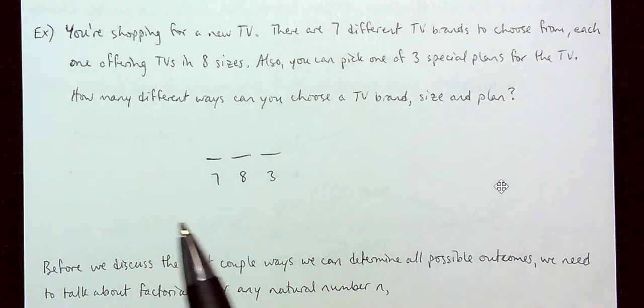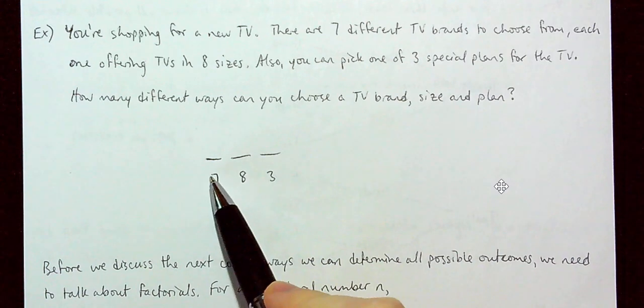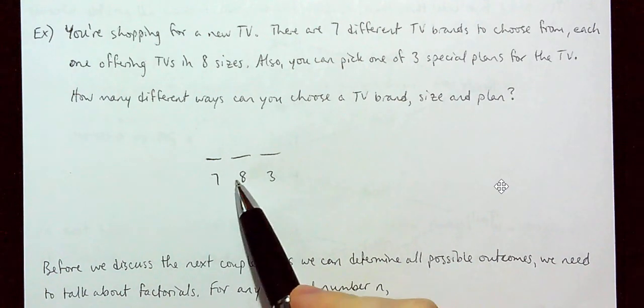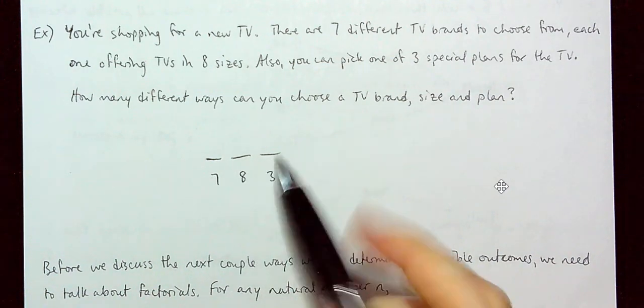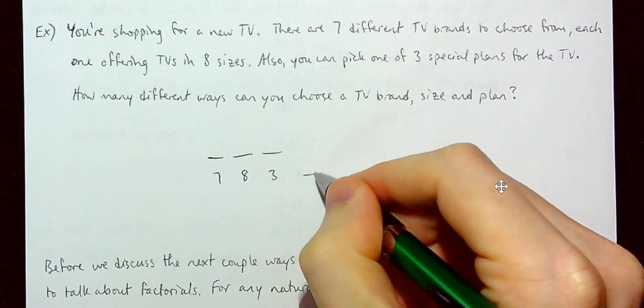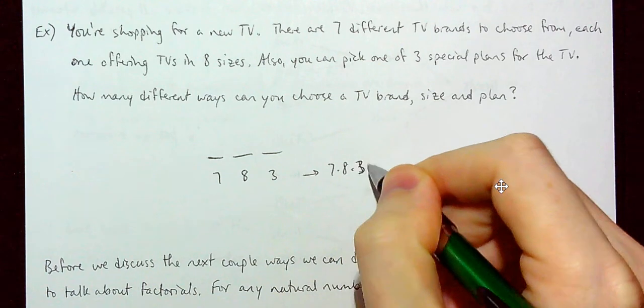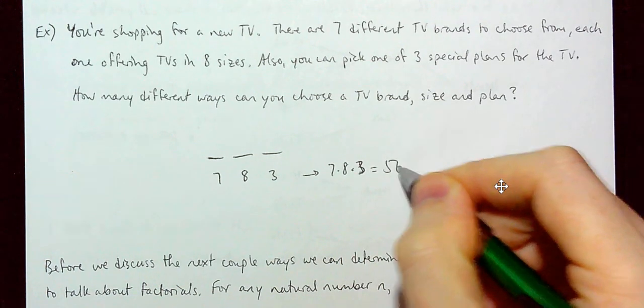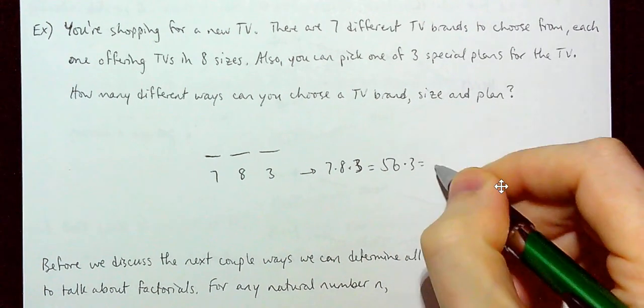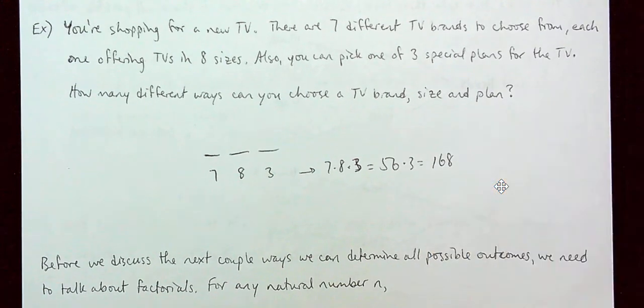You can pick one of the 7 brands, one of the 8 TV sizes, and one of the 3 special TV plans. So it's going to be 7 times 8 times 3, which is 56 times 3, which is going to be 168. So there's 168 different ways to choose a TV brand, size, and plan.